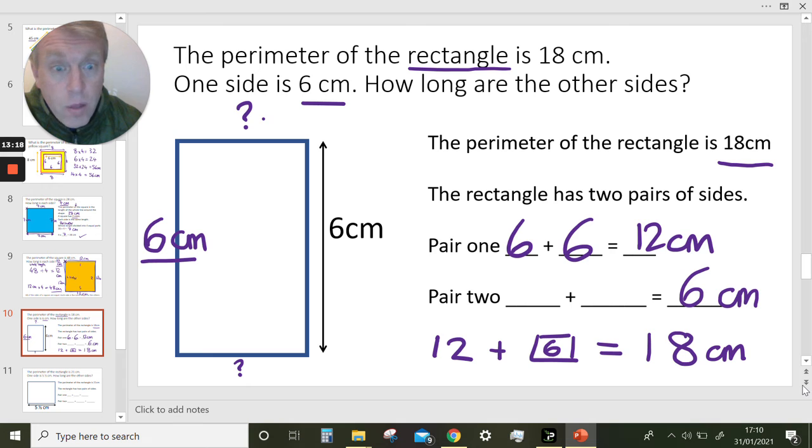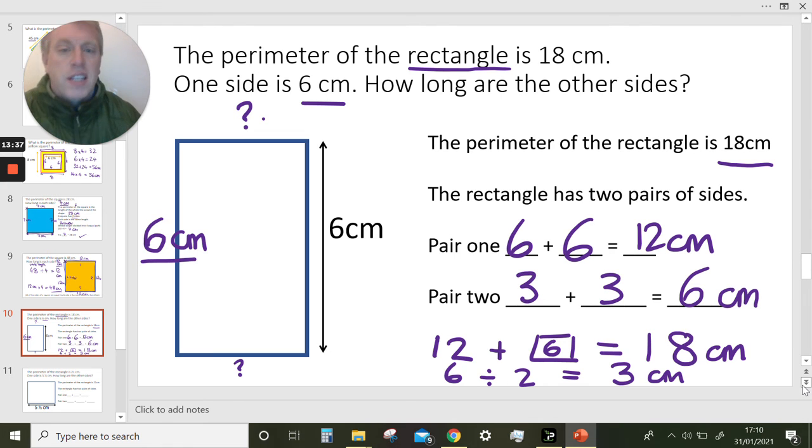So we know they're equal. So we're going to do 6 divided by 2, because there are 2 equal sides that make 6 altogether. 6 divided by 2 is 3 centimetres.